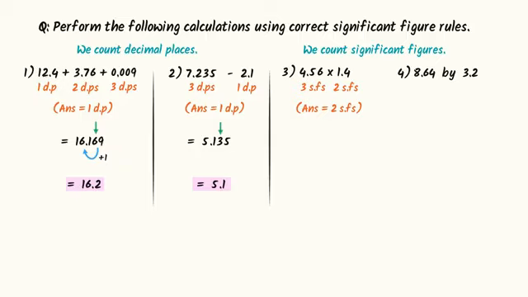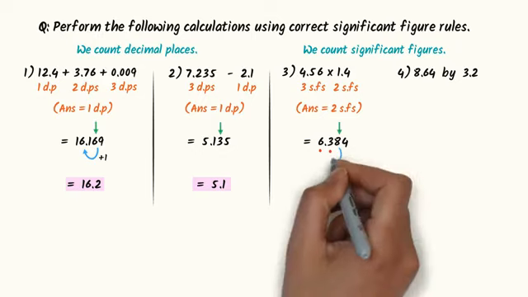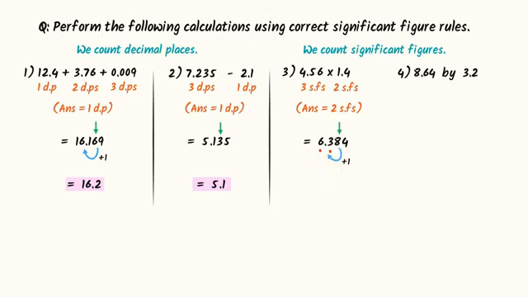We multiply 4.56 times 1.4 gives us 6.384. Our 2 significant figures are 6 and 3. The next digit is 8. Since 8 is greater than 5, we round up, so 3 becomes 4. So the final answer is 6.4.